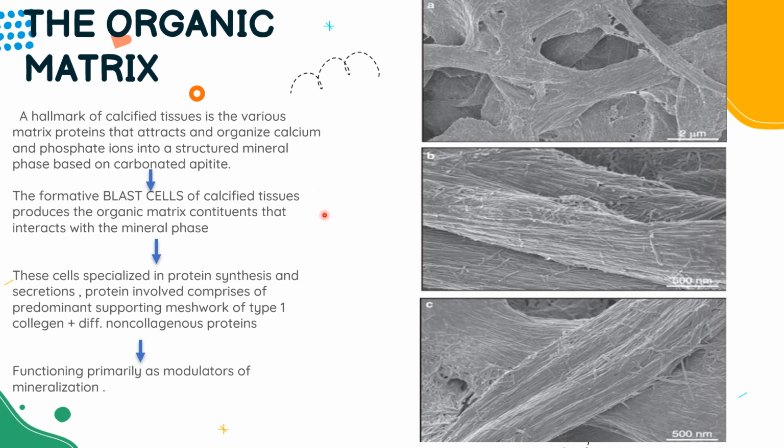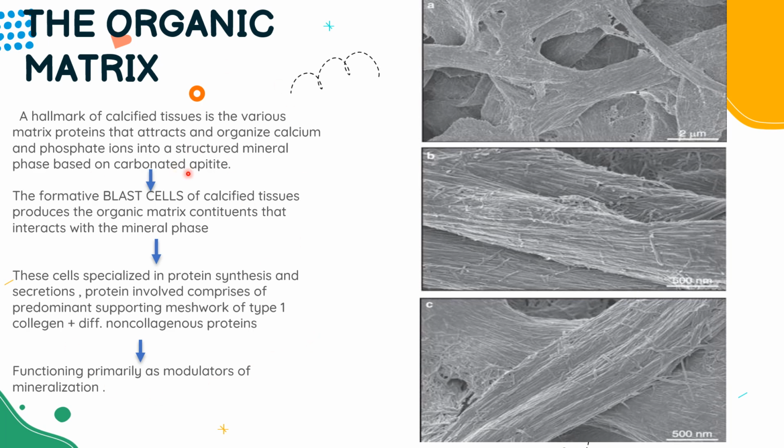So the formative blast cells of calcified tissues produce the organic matrix constituents that interact with the mineral phase. These blast cells produce a specialized protein and its secretions. The proteins involved comprise a predominant supporting meshwork of type 1 collagen and different types of collagenous proteins. These proteins primarily act as mediators or modulators for mineralization.